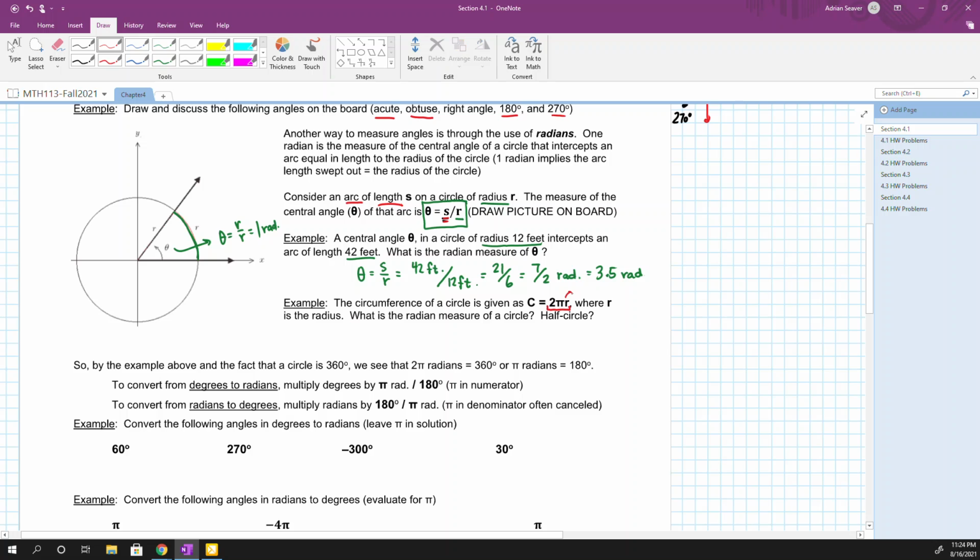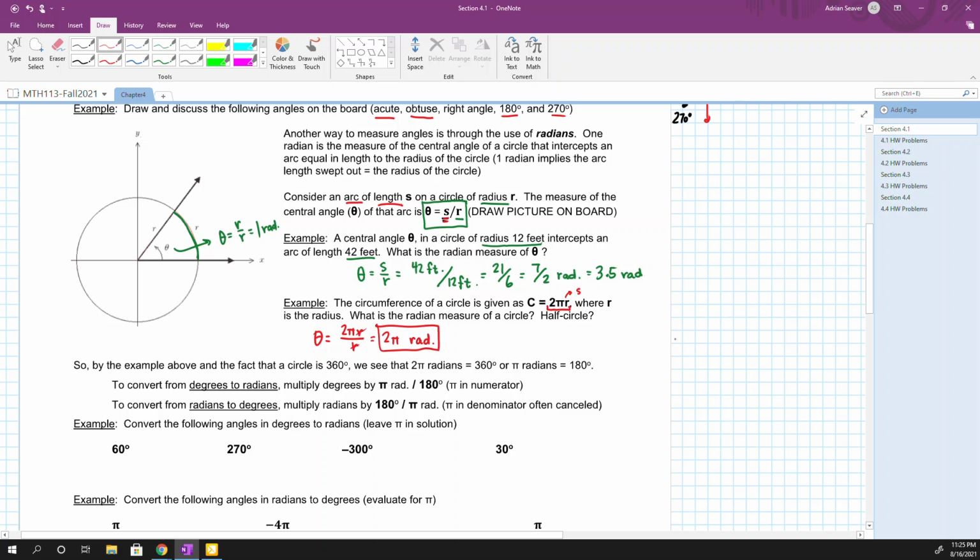So that's really the same as your S for a complete circle. So my theta is going to equal 2 pi r over, again, the radius of my circle. Well, the radius in this case is just r. 2 pi r divided by r, those r's cancel. So that means the radian measure for a complete circle is 2 times pi radians.